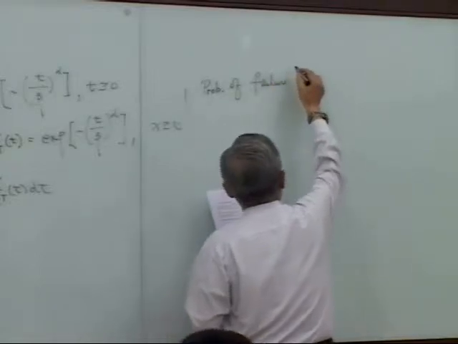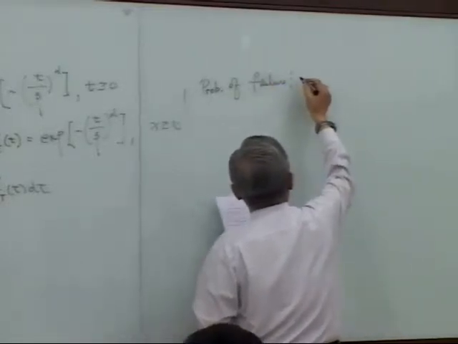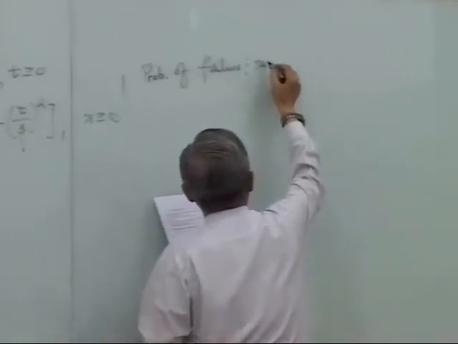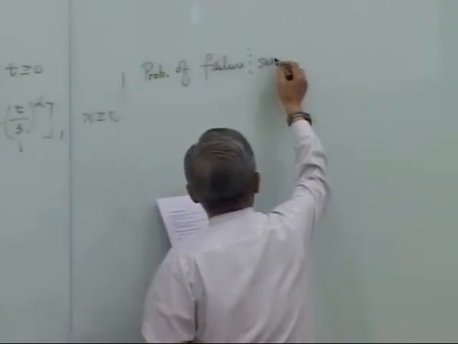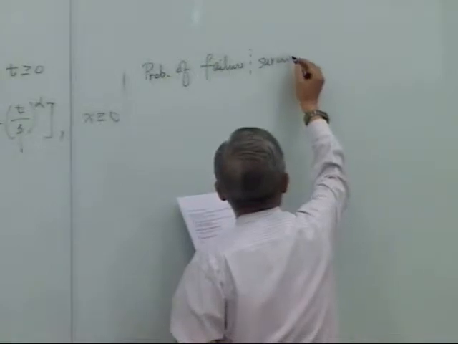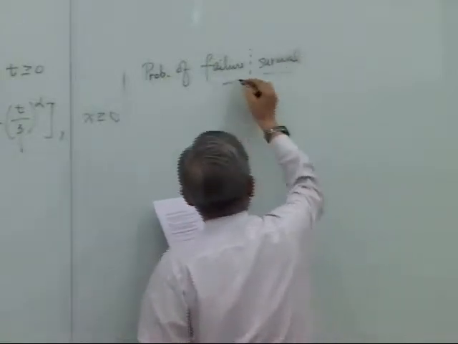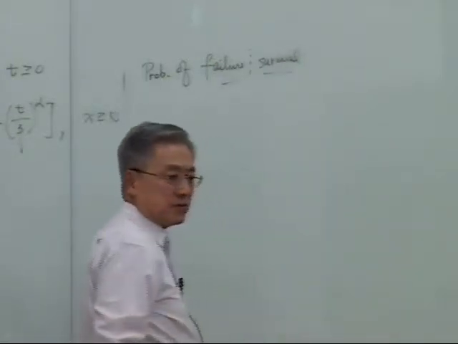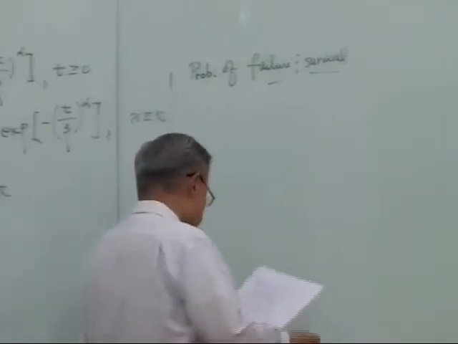If you have a probability of failure, then you can deal with the probability of survival. They complement each other, so of course you can compute that.